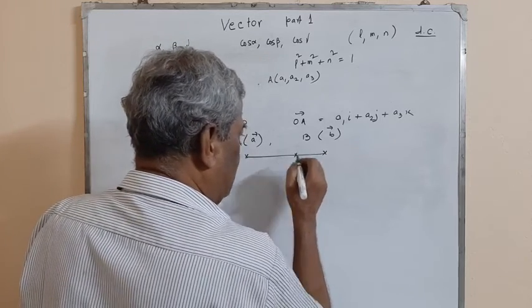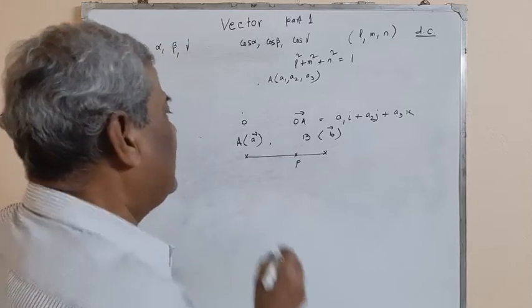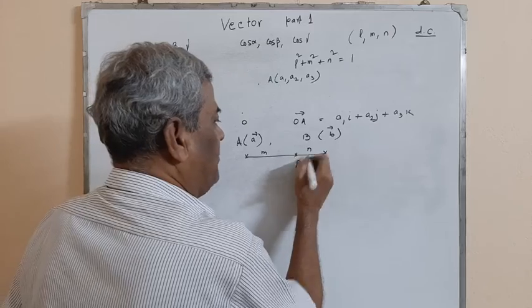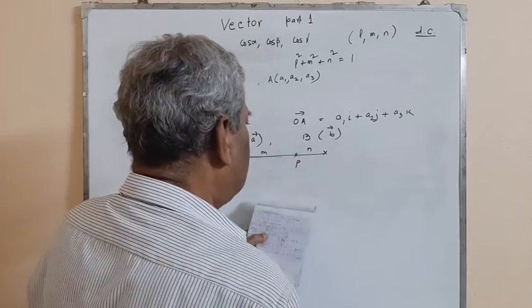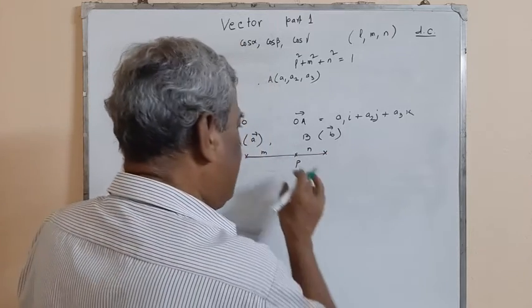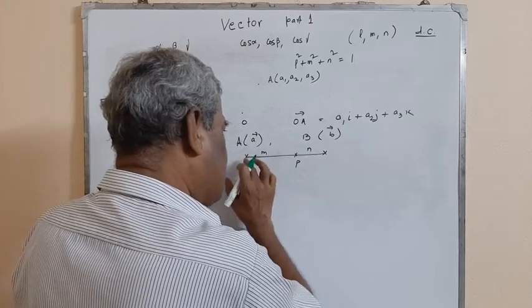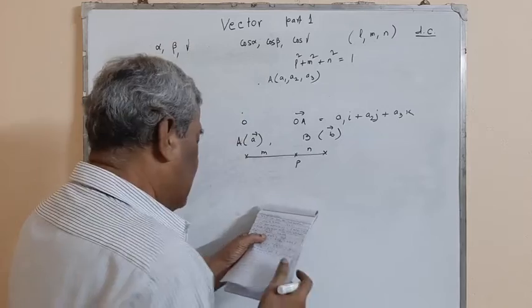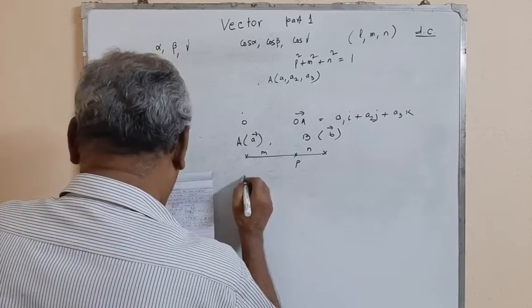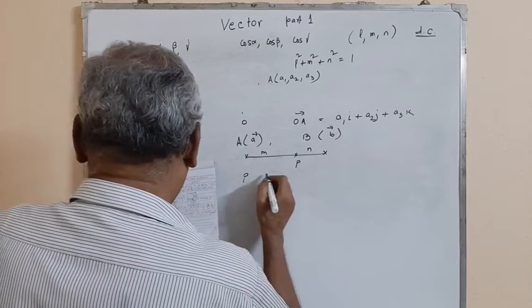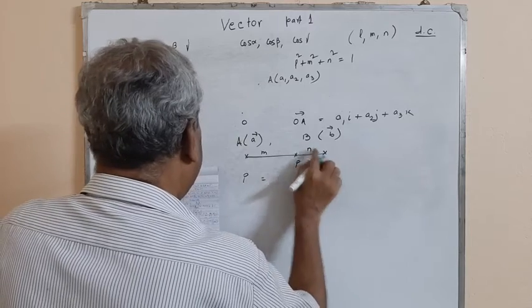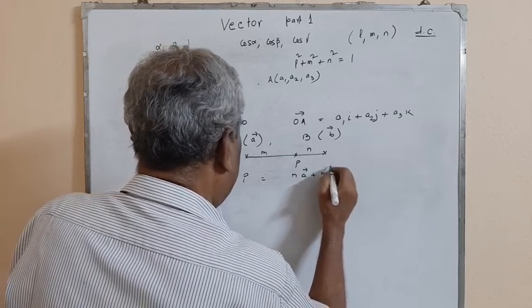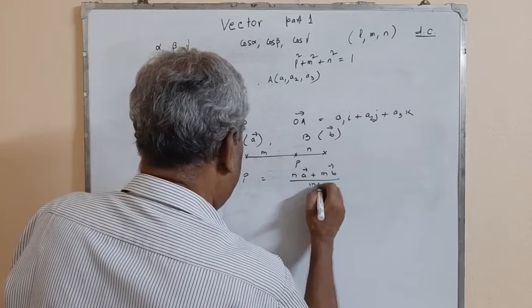Suppose P is the point which divides AB internally in the ratio m is to n. Then the position vector of P is n into a plus m into b by m plus n.